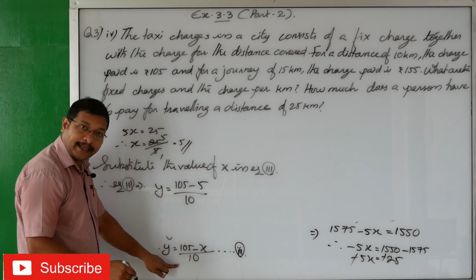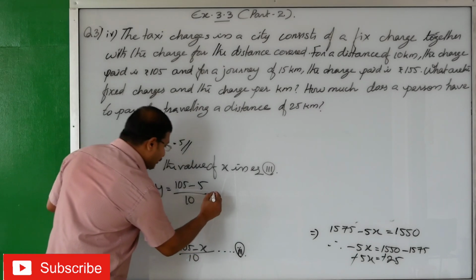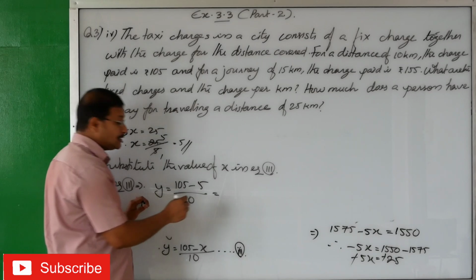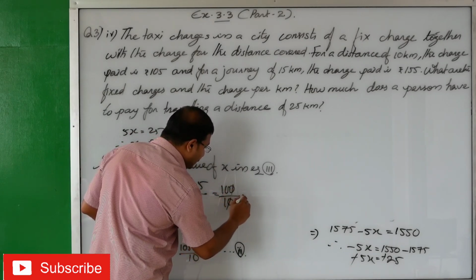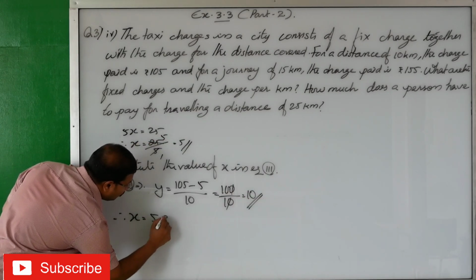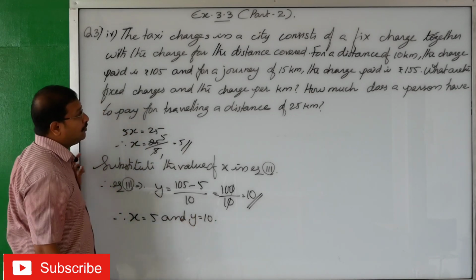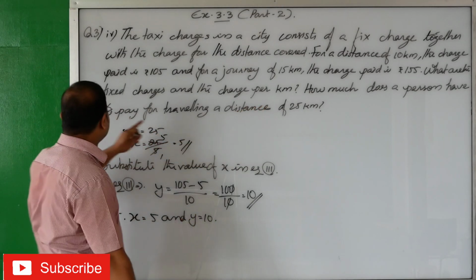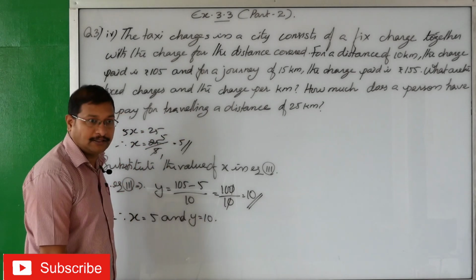See, y equals 105 minus x by 10, isn't it? Now what will we do? 105 minus 5, that is 100. 100 by 10. 0 0 will cancel, we'll get 10. Therefore, x equals 5 and y equals 10. Now what do you want to find out? How much does a person have to pay for traveling a distance of 25 kilometers, isn't it?